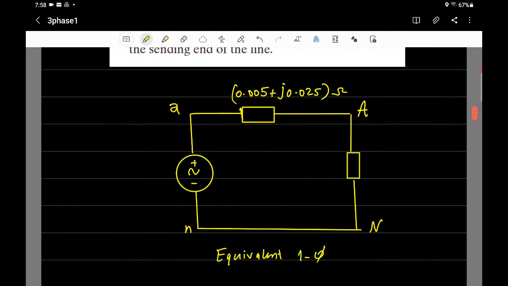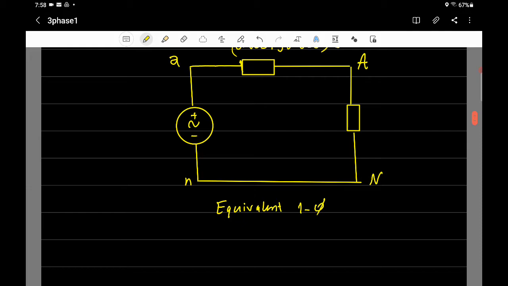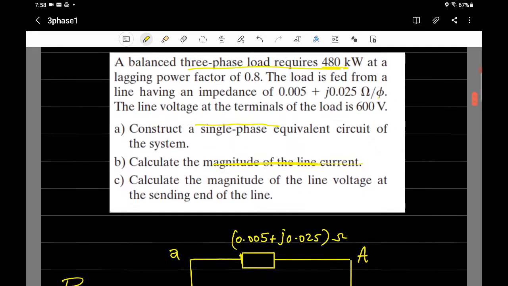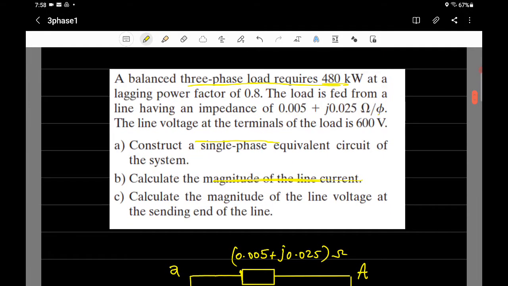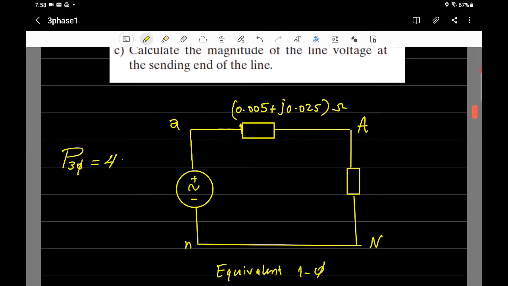So this power is for three-phase, and I'm using single phase, so I have to convert three-phase power into single phase. What's given in the problem, the power of three-phase is equal to 480 kilowatt at power factor 0.8 lagging.